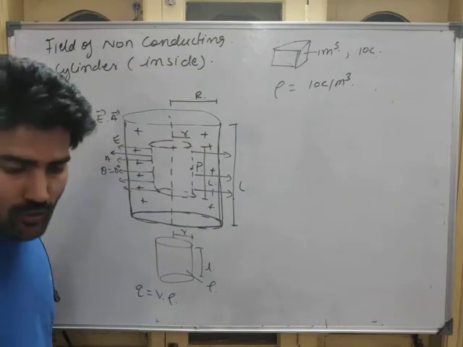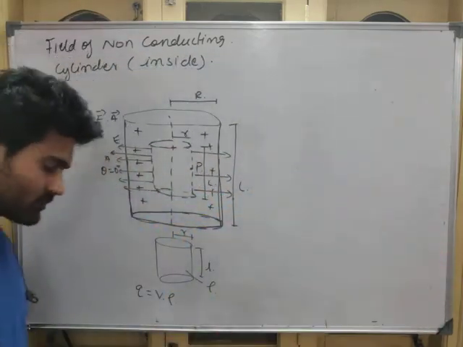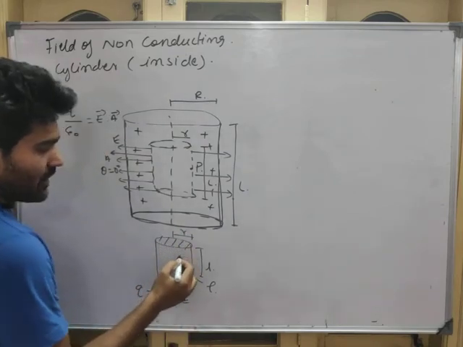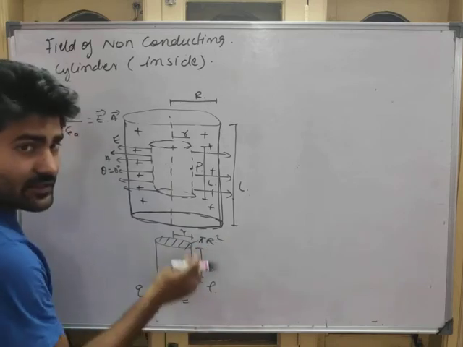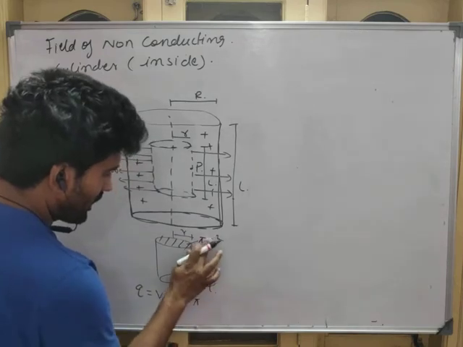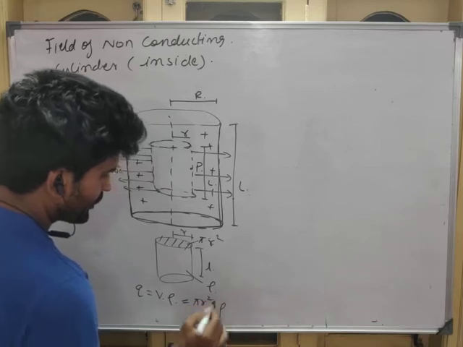Okay, right? I hope you understand this. Now volume is how much? This is the area, pi r square, and this is the length. So length into area is volume, right? So pi r square L into rho, right?